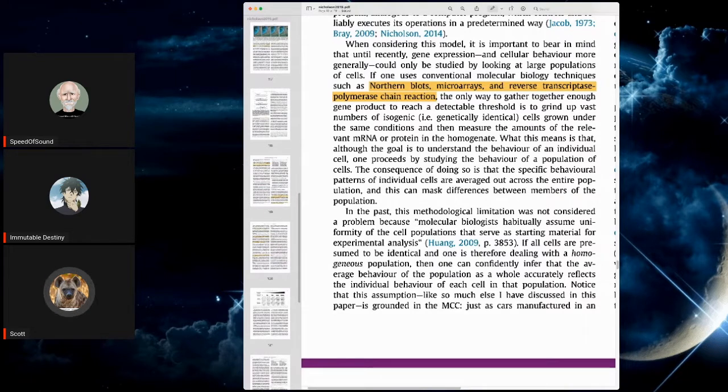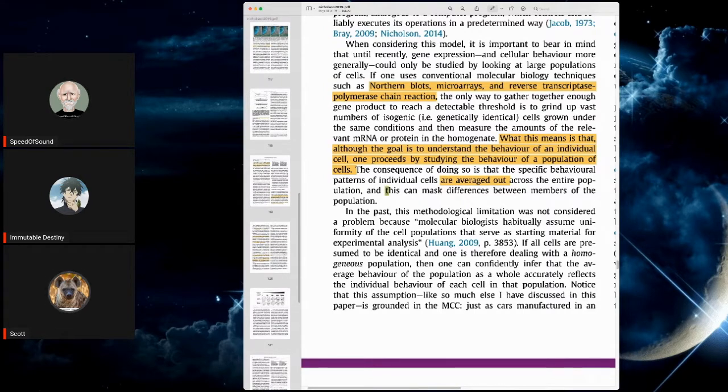What this means is that although the goal is to understand the behavior of an individual cell, one proceeds by studying the behavior of a population of cells. The consequence of doing so is that the specific behavioral patterns of individual cells are averaged out across the entire population, and then this can mask differences between members of the population.